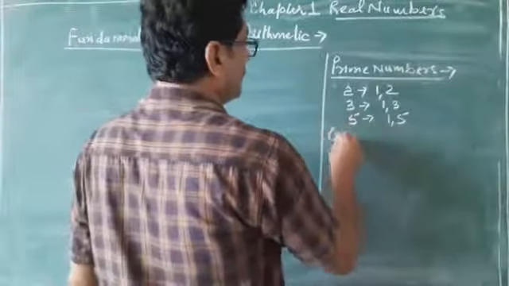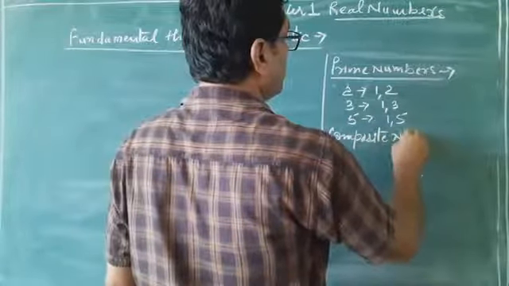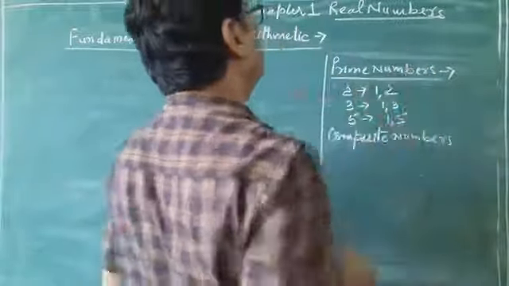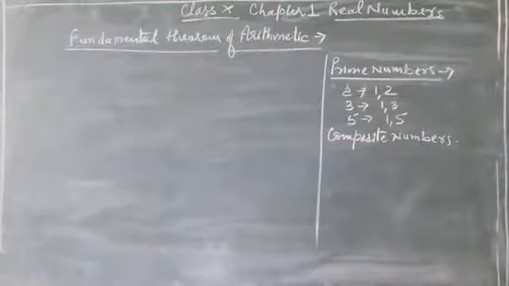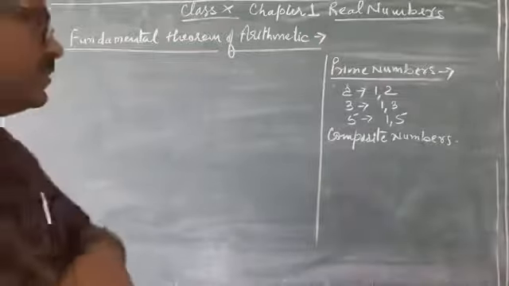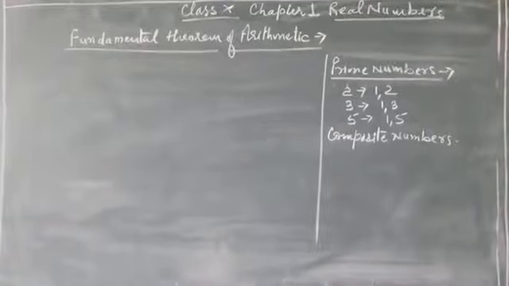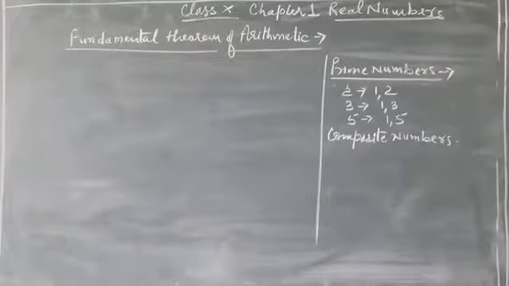Now composite numbers. Except for prime numbers, the other numbers are composite numbers. We can say that a number which is divisible by 1, itself and at least one other number is called a composite number.